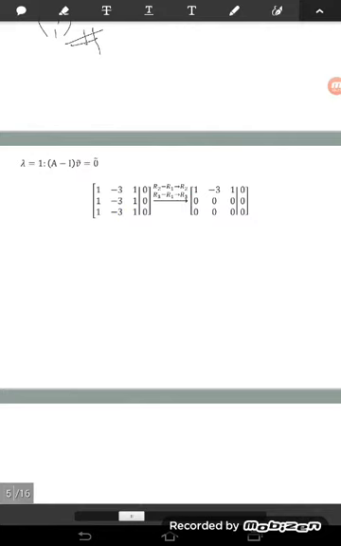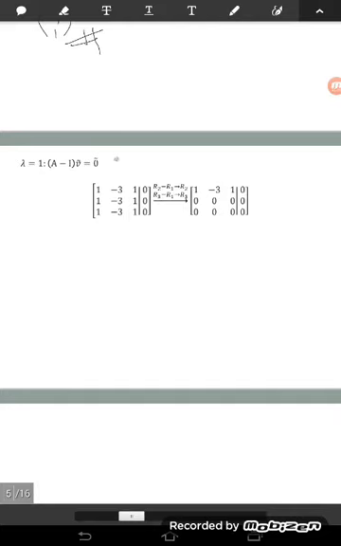Okay, so next transform for the lambda equal to 1. So we find eigenvector by using A minus lambda I. So lambda 1, so 1 times by I times the vector v equal to 0 vector, then transform into augmented matrix.